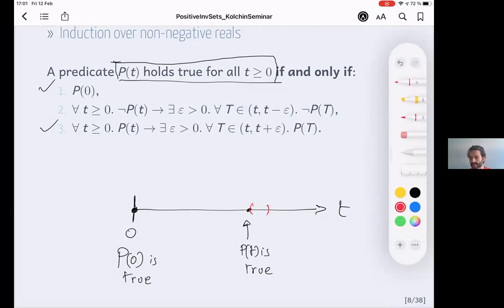And at this point, you might say, well, this is probably sufficient, right? You start at P of 0, you have some open set for which P of t is true. You take maybe some point in here, you again have an open set for which P of t is true. And again, you take a point and you move on and on and on. And then probably you might cover the entire line. Well, this is not really true. Why? Because you might have a wall.